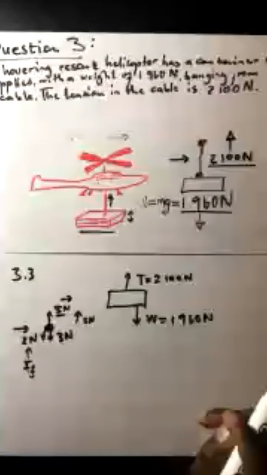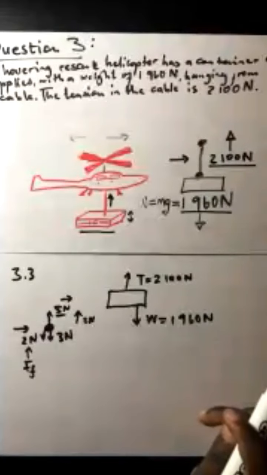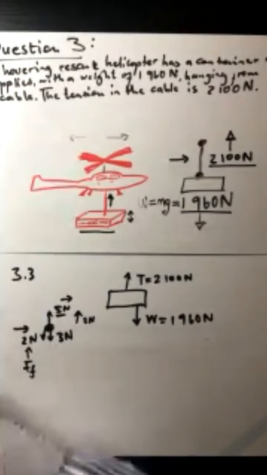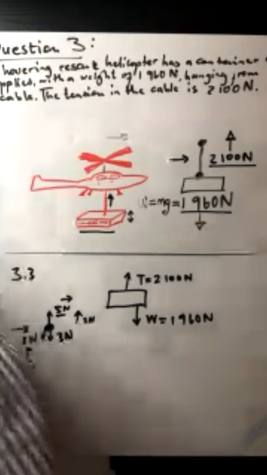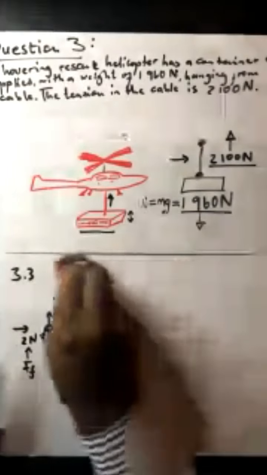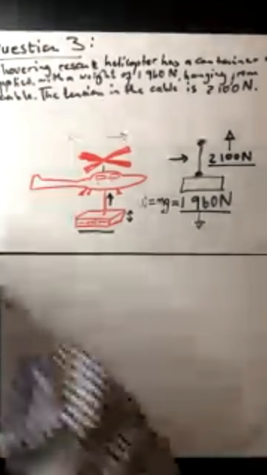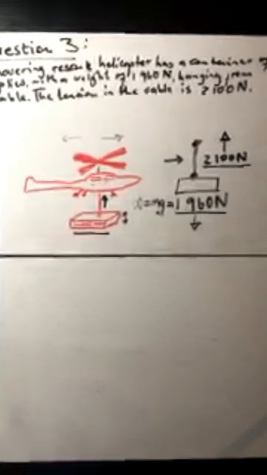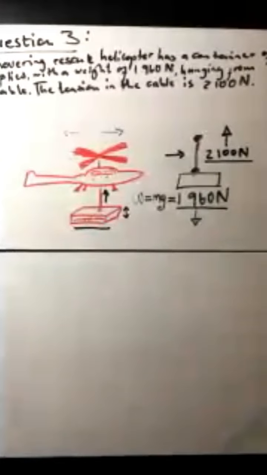Does it make sense, guys? Yes. 100%. So that's how you would score yourself 2 marks for that question, just to indicate that it is because there is an extra downwards force.